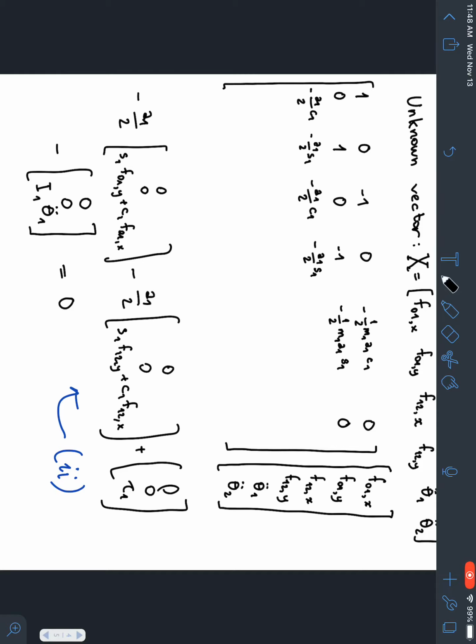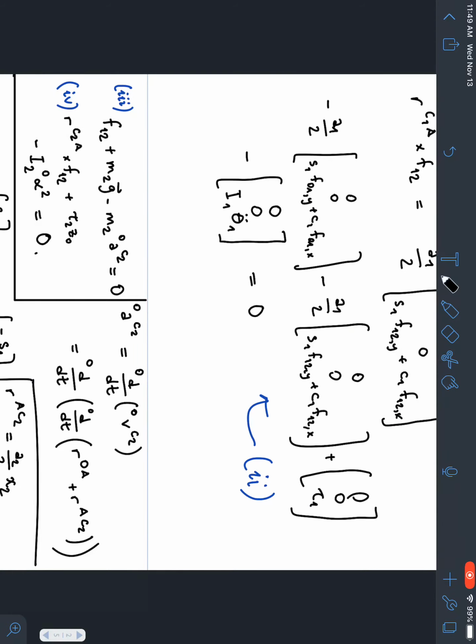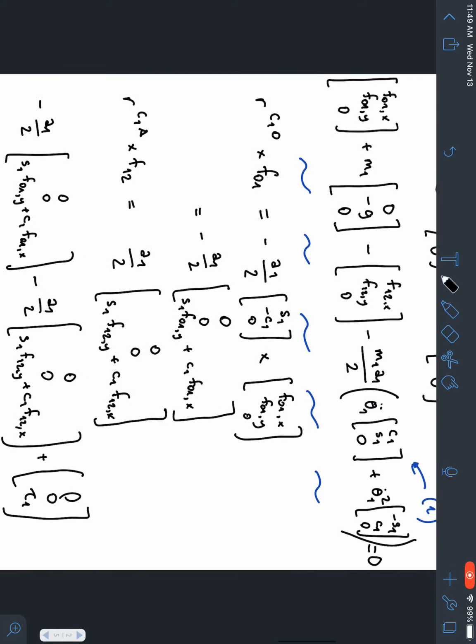The coefficient of theta 1 double dot, right, is just minus I1. And the coefficient of theta 2 double dot is 0.